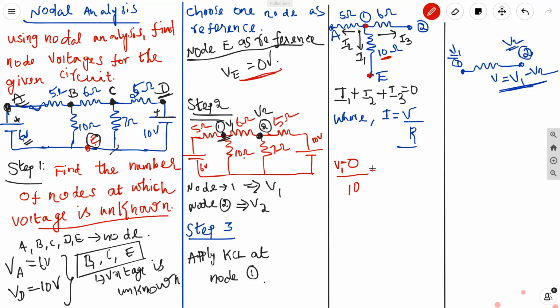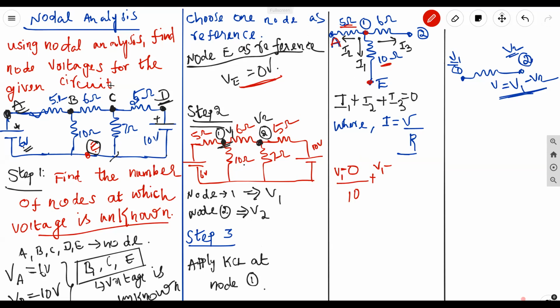Then let us get the I2 current. I2 is the current through the 5 ohm resistor, which is connected between node 1 and node A. The voltage across the 5 ohm is V1 minus the voltage at node A. What is the voltage at node A? 6 volts, yes.